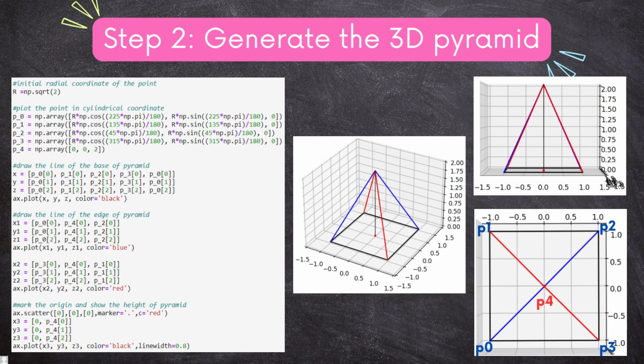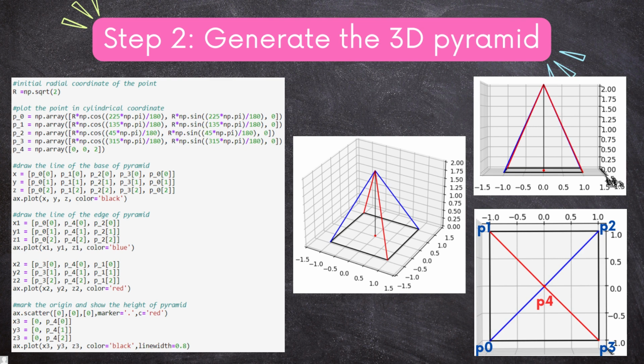The second step in this project is to generate the 3D pyramid. So the length of the pyramid is set as 1 unit and the height of it is set as 2 units. The base of the pyramid is placed at the XY plane and its peak is placed at the point of 0, 0, 2. So first, the r, which represents the radial coordinate of the point, is set as square root of 2. The P0, P1, P2, and P3 represent the 4 points at the base of the pyramid.